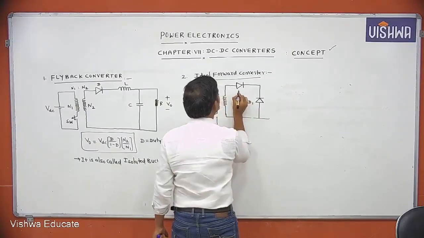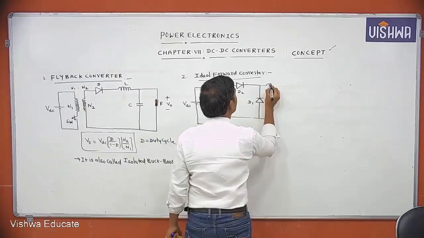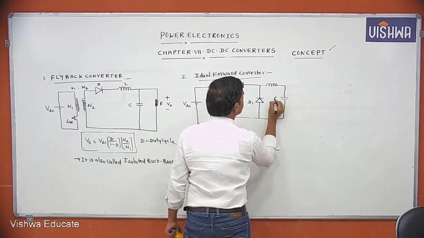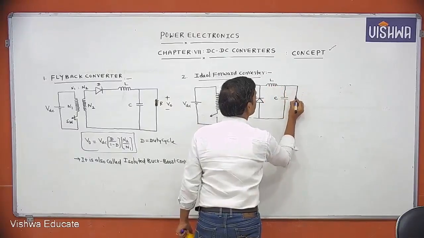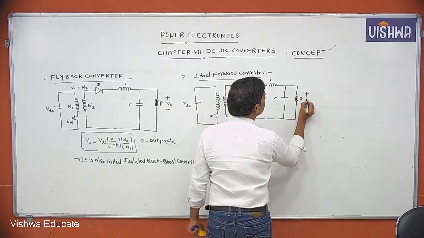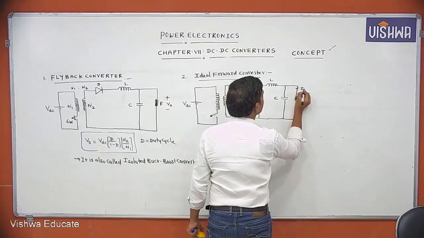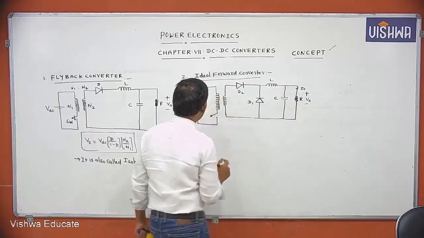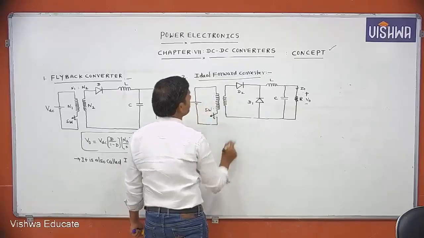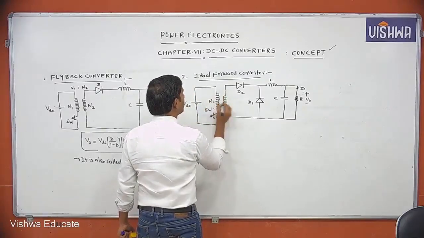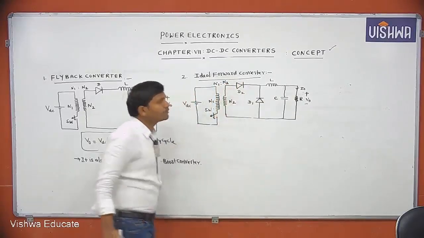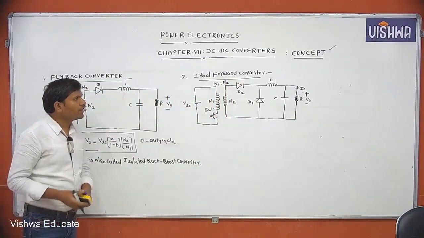D1 diode, D2 diode, inductor, capacitor. We are supplying the power to the resistive load R, positive, negative. This is the picture. This is N1 number of turns, this is N2 number of turns. The turns ratio is N1 to N2. This is the ideal forward converter.